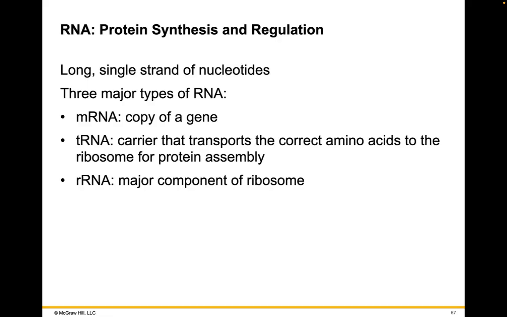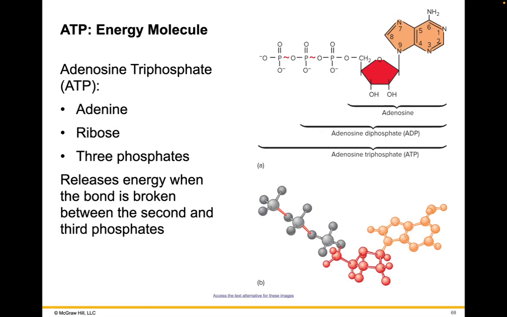And then rRNA is ribosomal RNA. It makes up your kitchen. And so these 3, messenger, transfer, and ribosomal RNAs working together actually help make the final product, this protein.